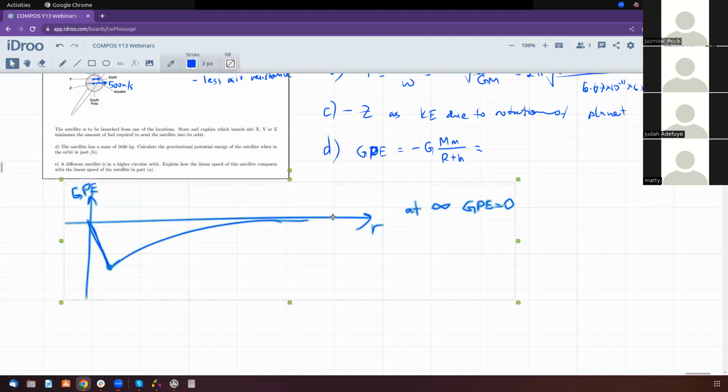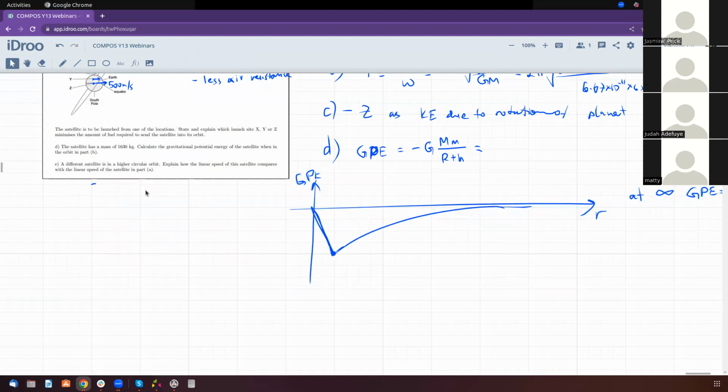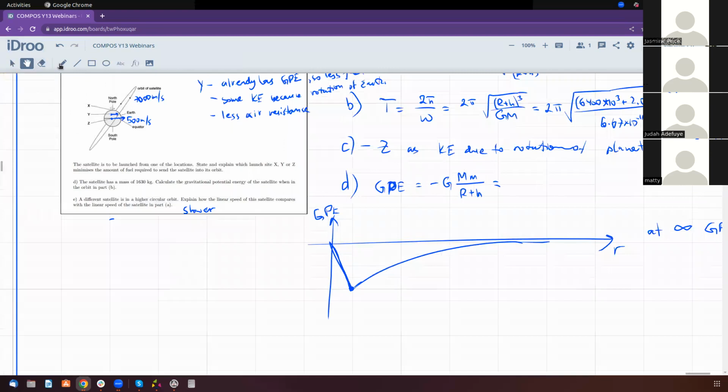So let's talk about E. A different satellite is in a higher circular orbit. Explain how the linear speed of the satellite compares to the linear speed of the satellite in part A. It's going to be slower. So how come it's going to be slower? Because the gravitational force, GM over (R plus H) squared, is equal to mv squared over (R plus H) because it's circular motion.